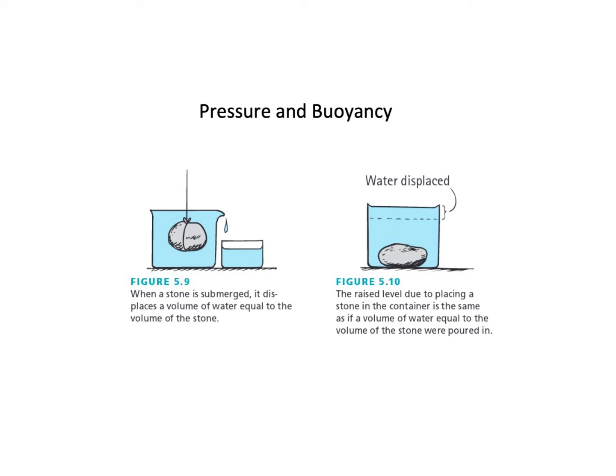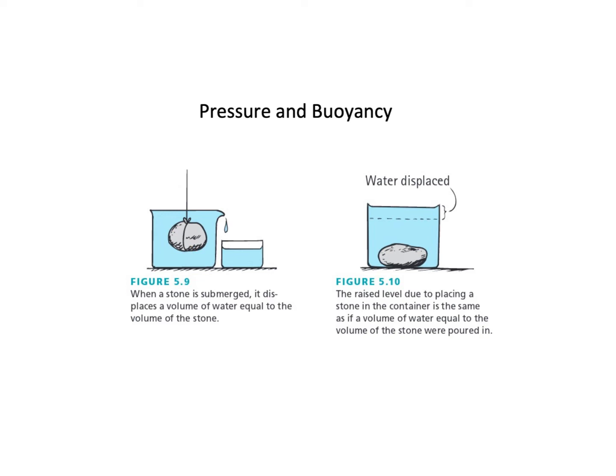Now, one key concept that we have to understand in order to understand buoyancy is the amount of water displaced by an object. So imagine that you had a beaker that was filled up to the tippy top with water, completely filled to the brim, and then you submerged a stone in it. What's going to happen? Well, some of that water is going to slosh out of the beaker, and here's a little spout, so it'll come into this container here, and you could actually measure how much water poured out when the stone was submerged.